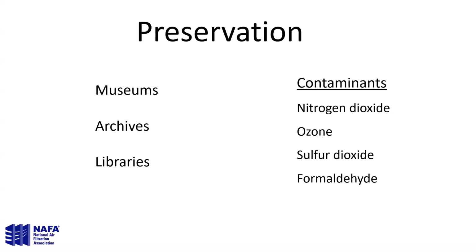And that is for preservation, because if the acid gases get in, if you've ever been to a library and they have an old book and you pull a book off the shelf and you see the yellow on the outside of the pages, that yellow is the destruction of that paper from acid gases. So needless to say, things like the Baseball Hall of Fame, and I mean, you name it, the museums, they all put in filtration. These are some of the major contaminants.